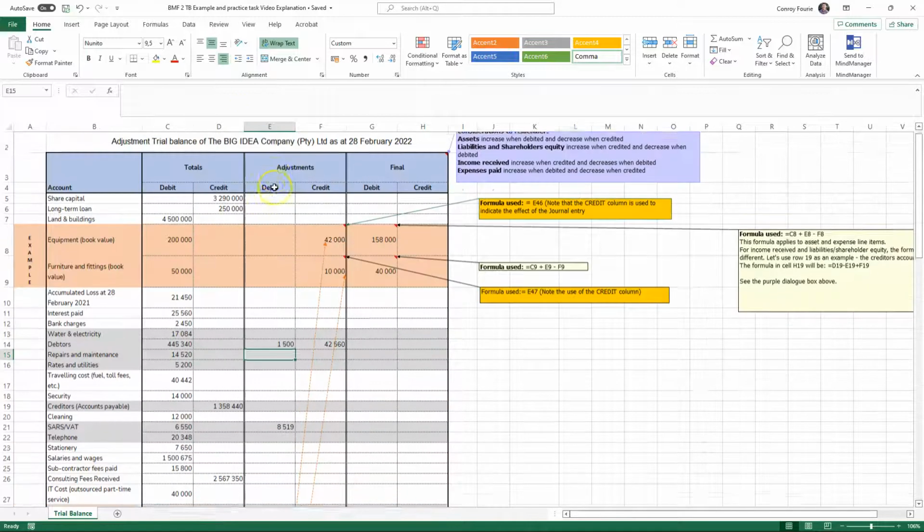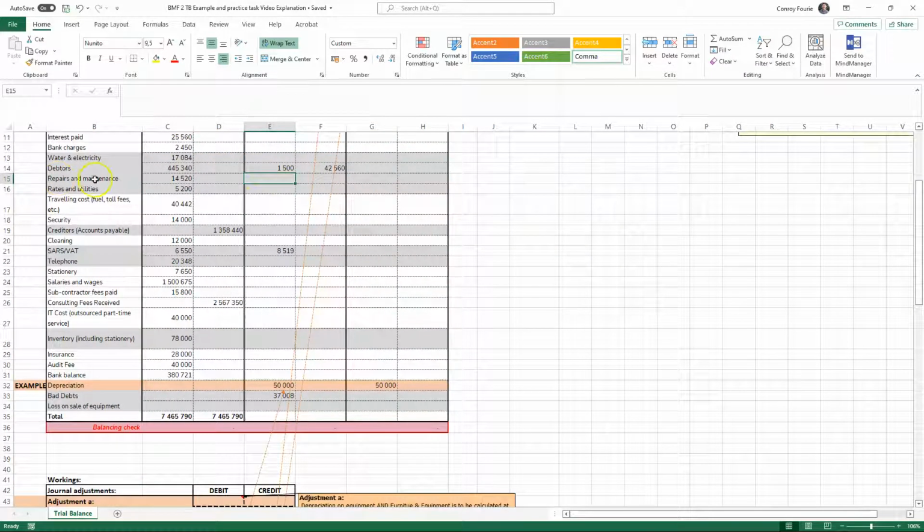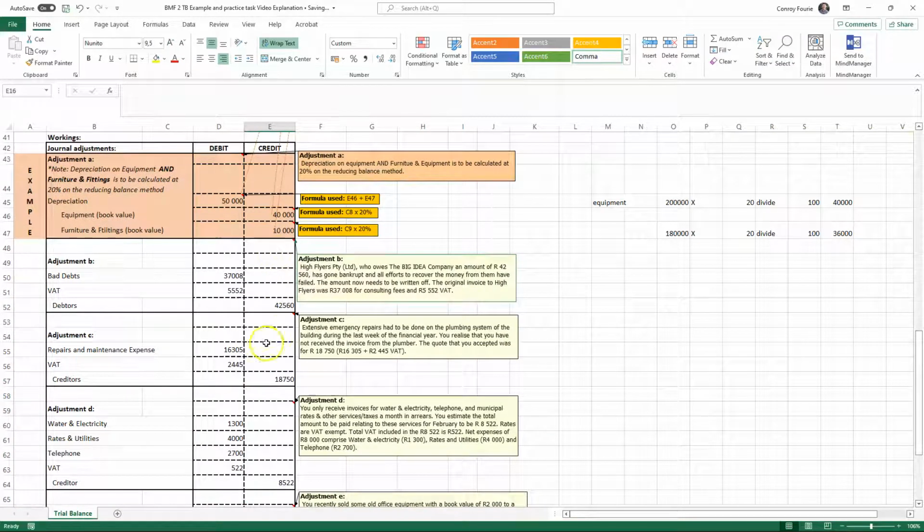It's a debit because it's an expense, equal D55. Was that the right reference? 16305, yeah. We've dealt with the VAT.